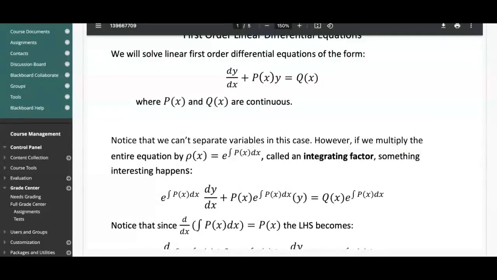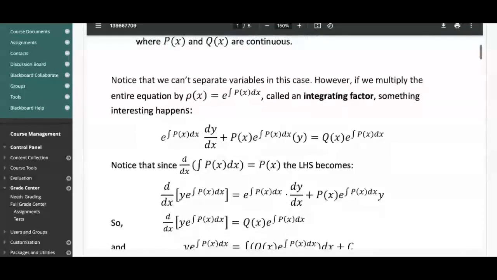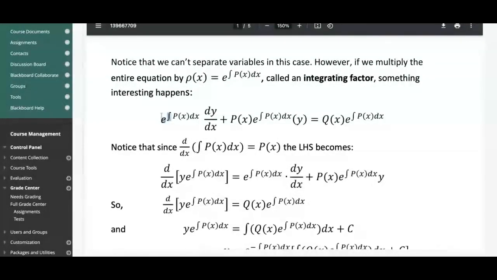So what do we do with this integrating factor? We want to multiply every term in this equation by the integrating factor, and something marvelous will show up. So we multiply every term: the first derivative by that, p of x times y by that, and q of x by that.